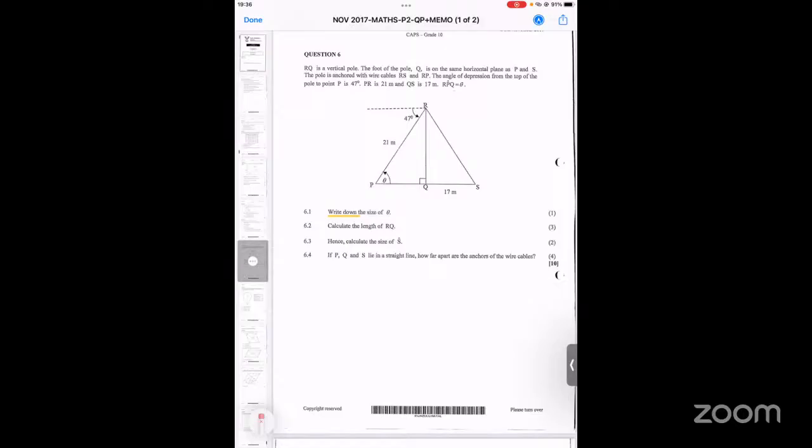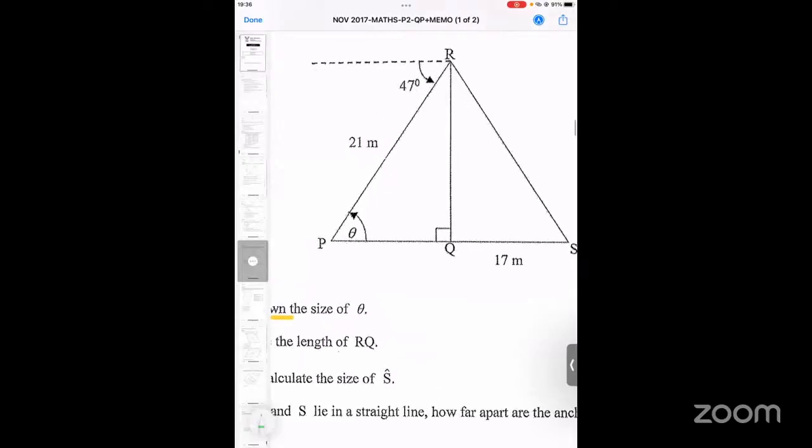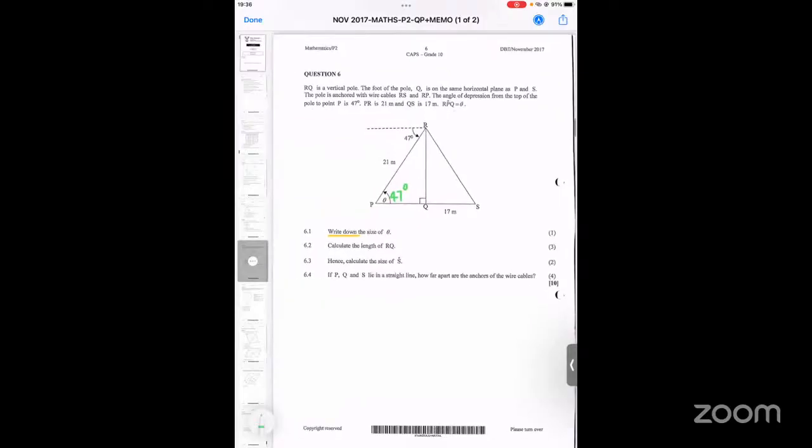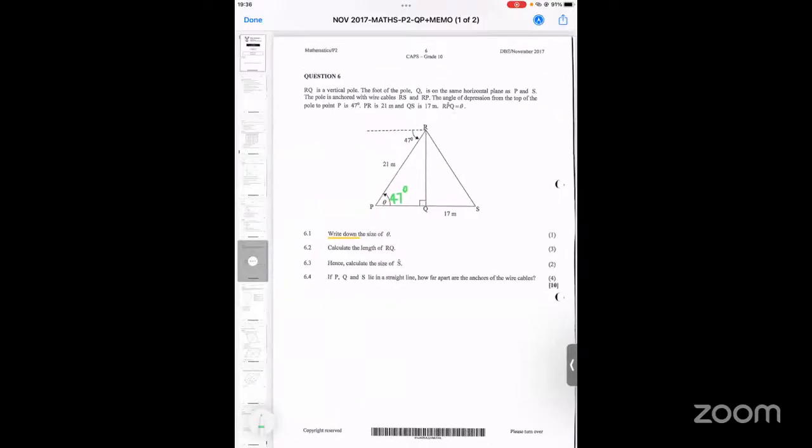So this is what I'm going to say, Maniakis. Every time you discover new information, either with a pencil or something, just make sure to write it down, because with you not writing that this angle is 47 degrees, you might not find other ways to work it out. Let me leave it there and give you guys an opportunity to think about it and try it differently.